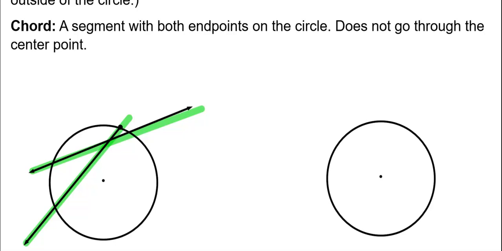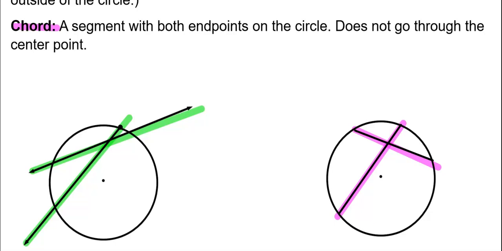A chord is a segment with both endpoints on the circle. And it's not going to go through the center, because if it went through the center, it would be a diameter. So this segment is a chord. Please notice it does not go through the center and it does not exit the circle. Technically a diameter is a chord, but the best name for diameter is diameter.